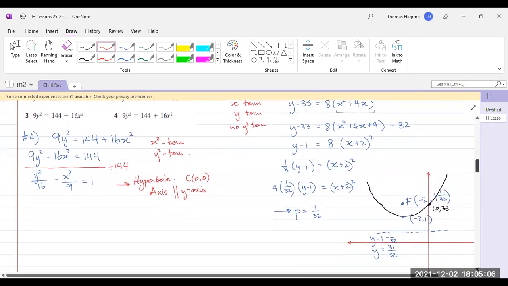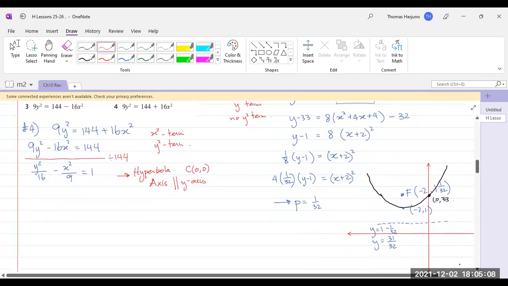Okay. Now, let's say this is the center, which is 0, 0. Then we will go 4 units up, because 16 is 4 squared, right? We will go 4 units up and 4 units down. That's for the vertices.